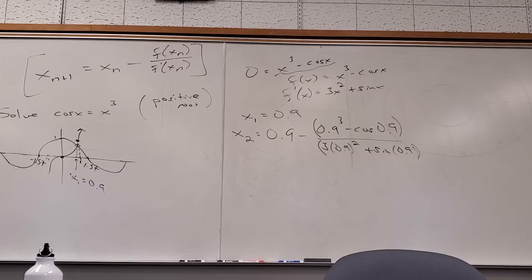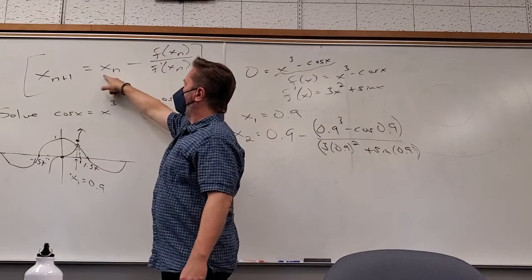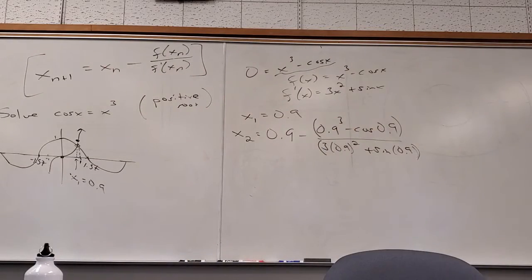So anywhere you see 0.9, anywhere you see xn, you're going to put ANS, which is right above your negative button at the bottom, right down here. So I'm going to put answer, minus, parentheses, answer cubed, minus, cosine, answer.